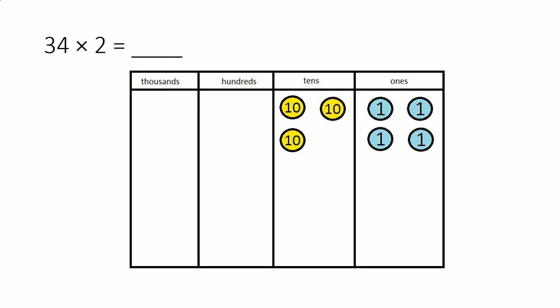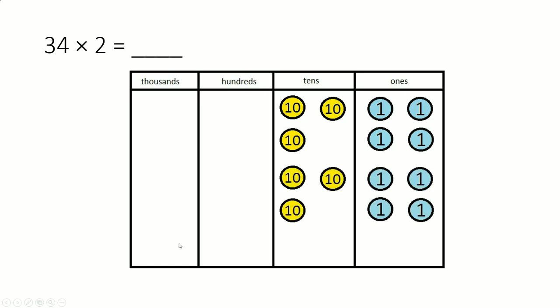Now, there should be 2 groups of 34. Let's show 2 groups of 34. One group and 2 groups. Two groups of 34.